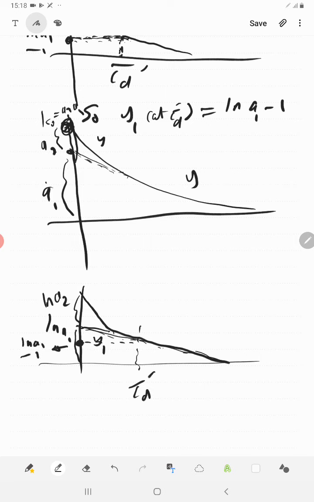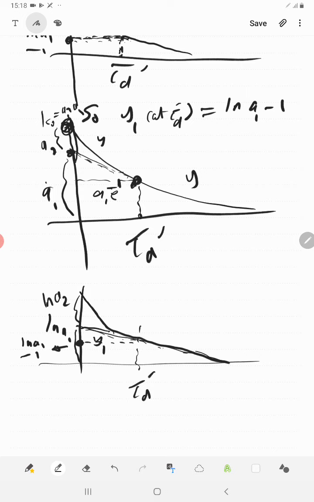Or in this one here, this is a1, so this is a1 e to the minus 1. Either we use this method to calculate tau d transient from y1: this is a1, multiply a1 by e to the minus 1.